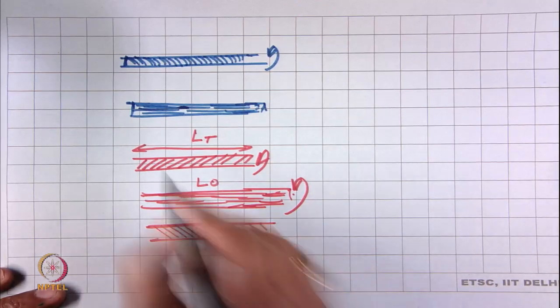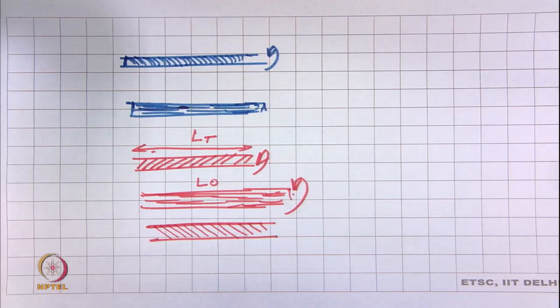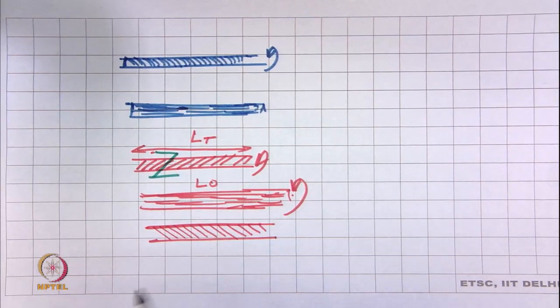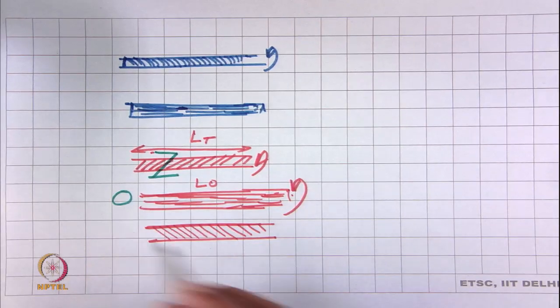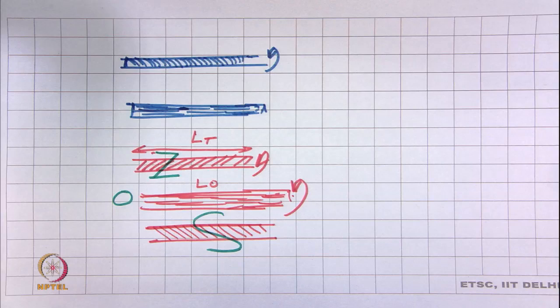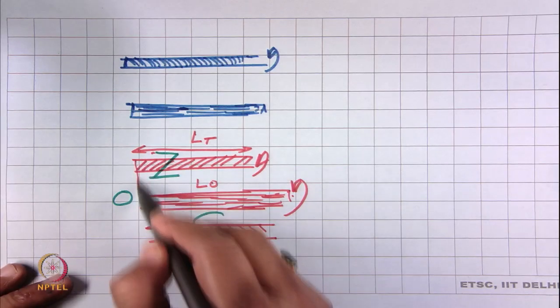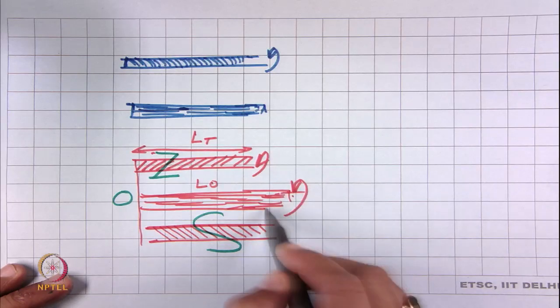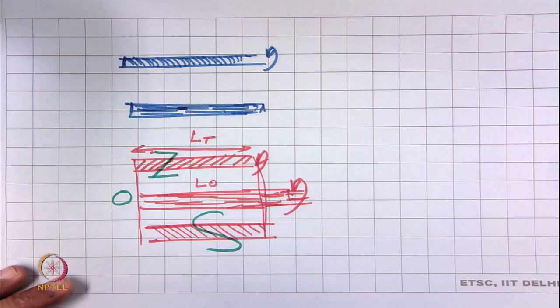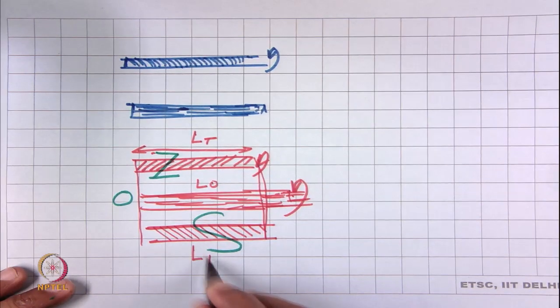Suppose this twist was in the Z direction, here it is zero twist, no twist, and here it will be in the S direction. We will keep continuing the twisting till the initial length is reached. So, this was a higher length, and this length is the same as the initial length, so this becomes L T.